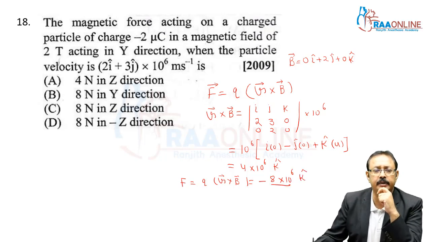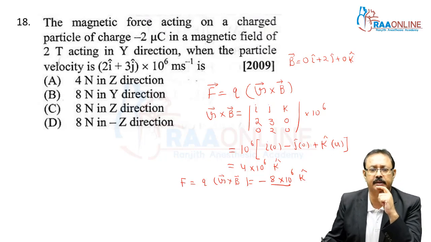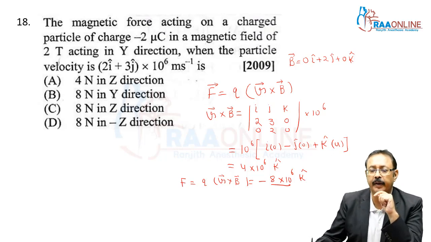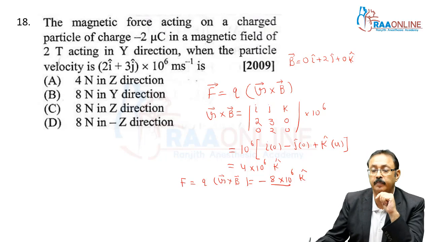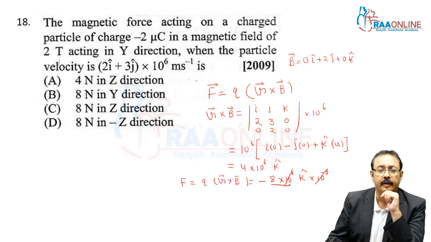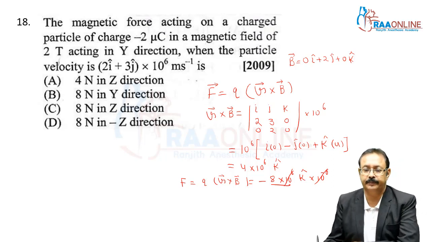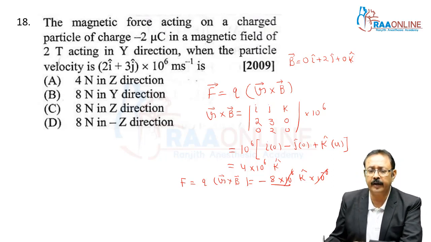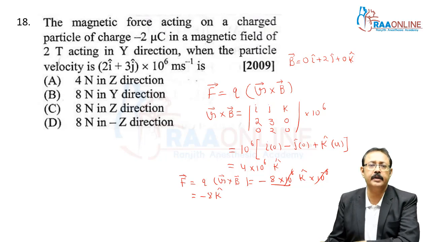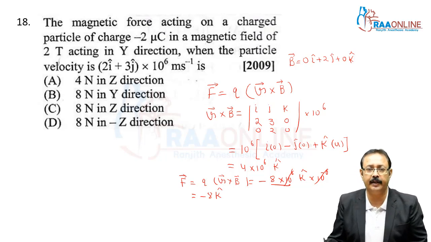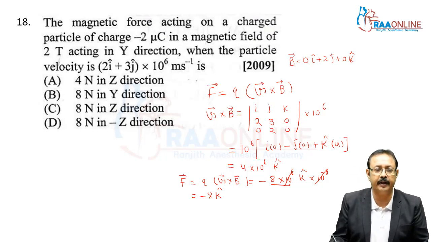So magnitude is 8 into 10 to the power 6. And micro means 10 to the power minus 6 is also there. So minus 6 will cancel this 6. Q is minus 2 microcoulomb. So now we are getting F minus 8 K cap. Minus K cap means negative direction of Z axis and magnitude is 8 Newton.